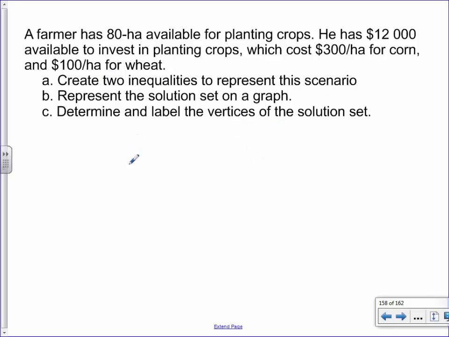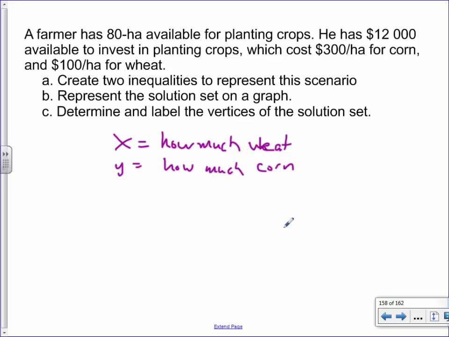To do that, I should really label what some x's and y's are going to be. X could be how much wheat I plant, whereas y could be how much corn I plant. Does that make sense so far? Here's a practical limitation.